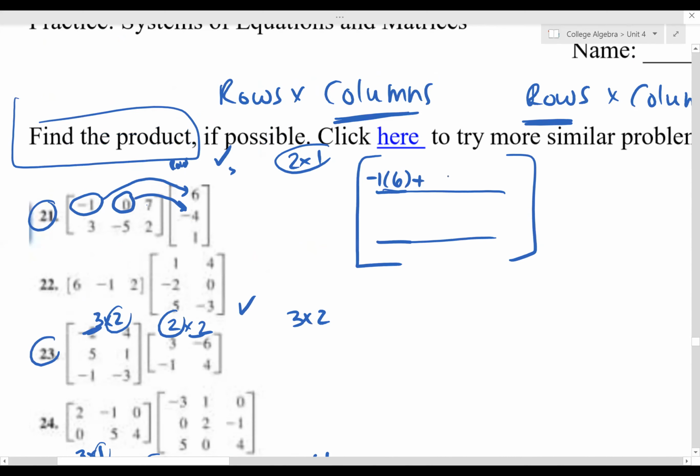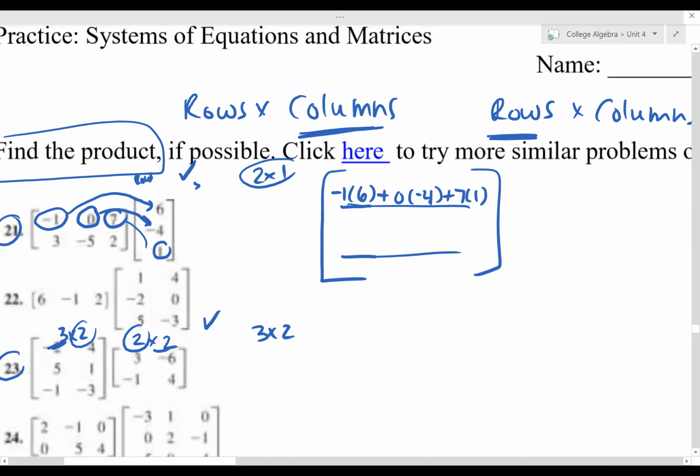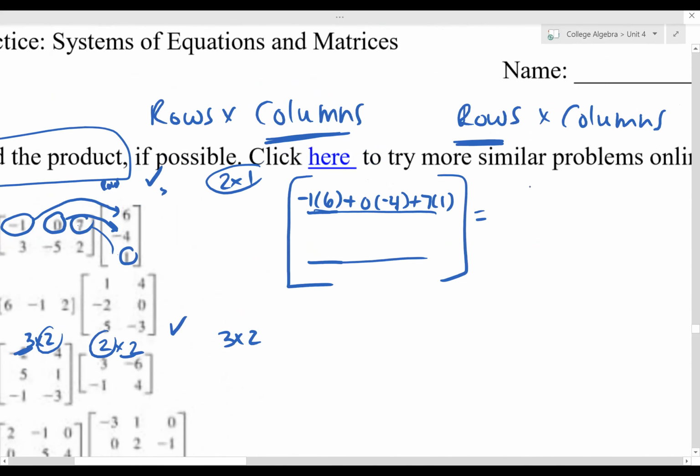So I have 0 times -4. And then I have the third numbers multiplied together, so 7 times 1. So -1 times 6 plus 0 times -4 plus 7 times 1. And that result is going to give me that first number, top row, top column. So that's going to equal -6 plus 0 plus 7. So that's going to equal a +1.